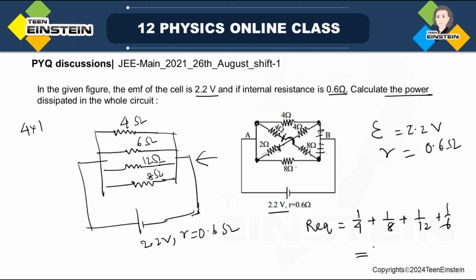So R equivalent will give you the value 2.2 ohm, 2.2 ohm.